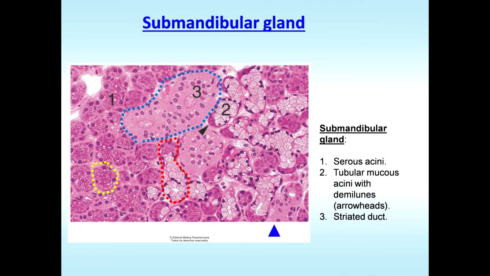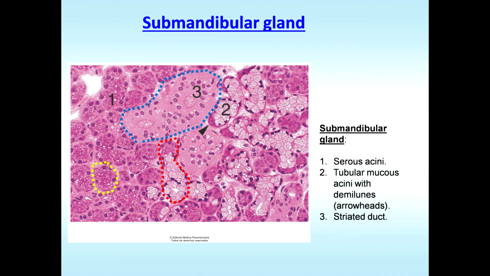On the right-hand side of the picture, on the contrary, we can see several acini with poor staining. That is because the staining doesn't go into the mucus-producing cells. Therefore, what we have there is mainly mucus-secreting acini.